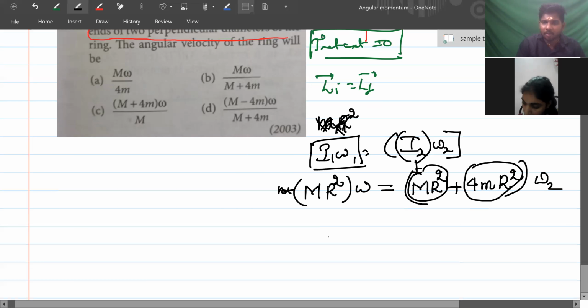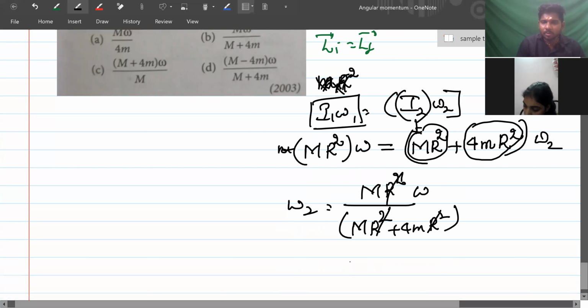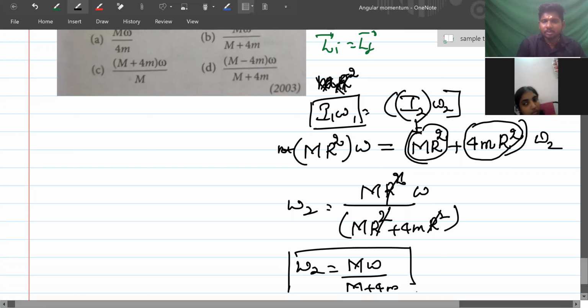Then omega 2 will be MR square omega divided by MR square plus 4mR square. R square gets cancelled. The answer omega 2 will be equal to M omega by M plus 4m. A similar question was asked for a disk also, where you should substitute the disk's moment of inertia.